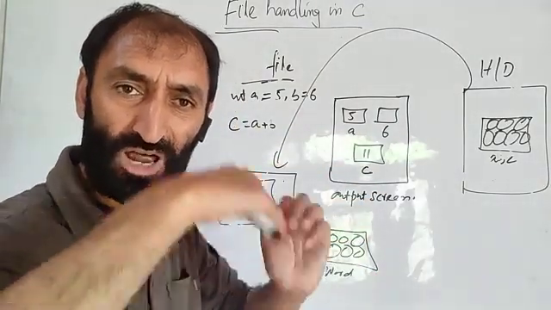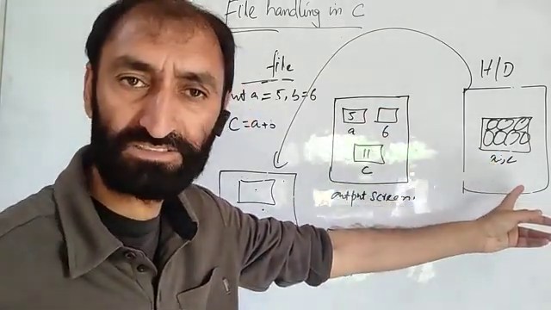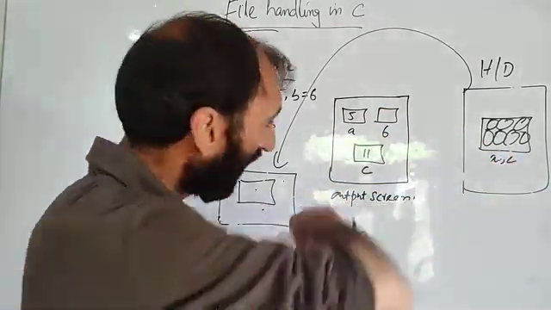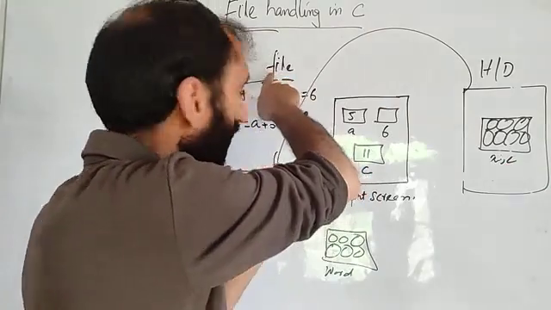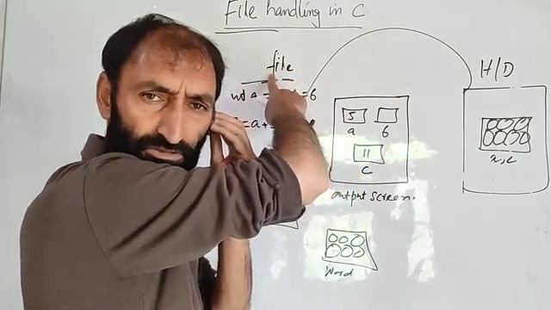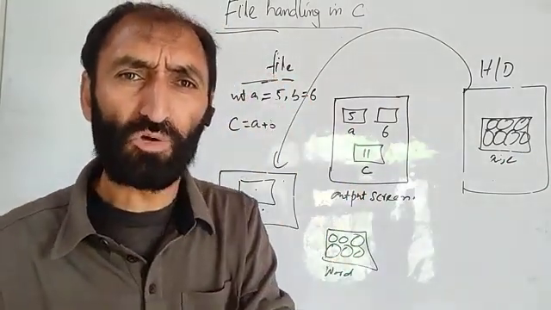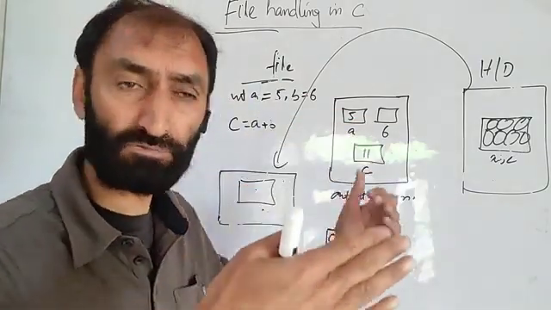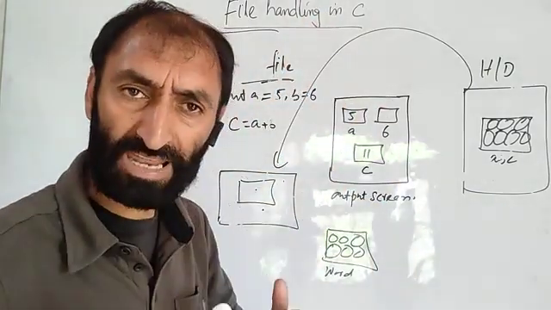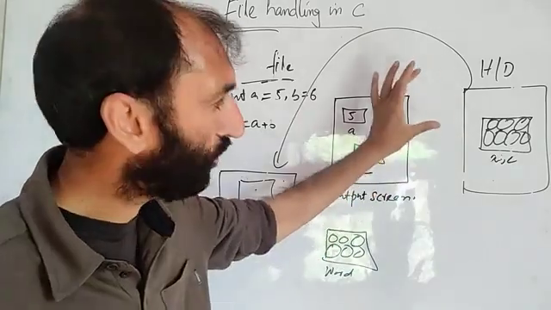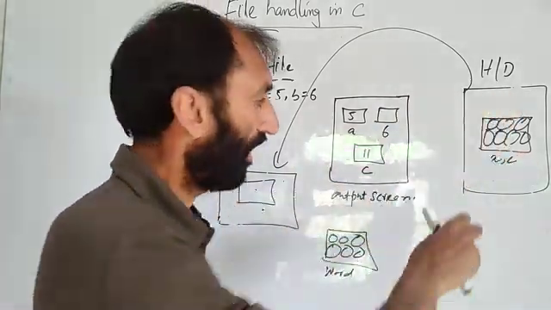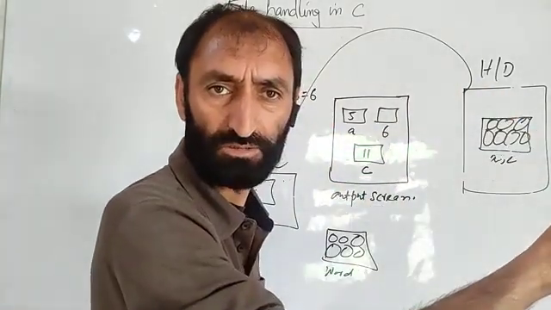So, in order to store a large amount of data, we use the secondary memory, the hard disk. And in the hard disk, we can store the data only in the form of files. So, now I hope that you have understood why we need files, why we need file handling. We need file handling in order to store a large amount of data permanently for future reference.